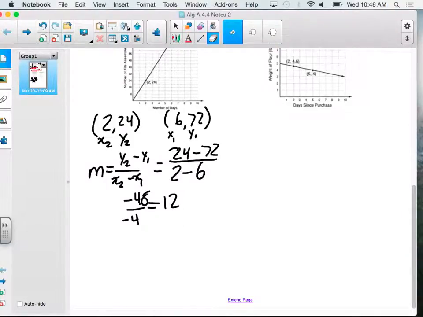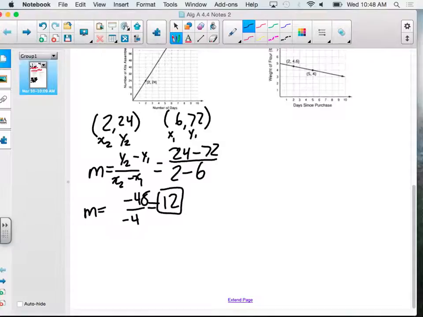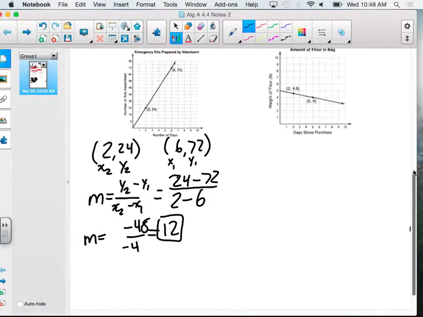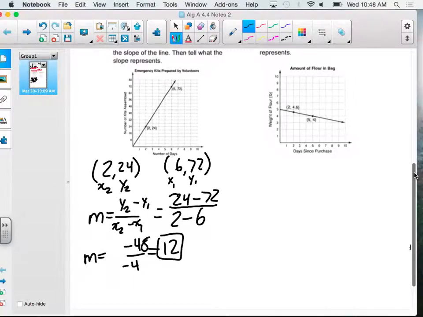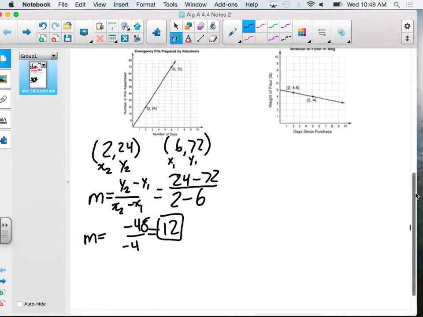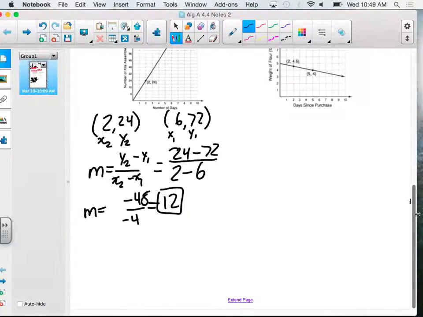Right. So that's one part. We found the slope of this situation where emergency kits were prepared by volunteers. Just like Ms. Legrand said, we can change that to a fraction.